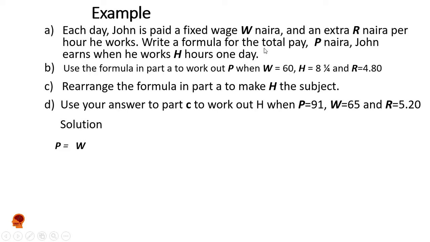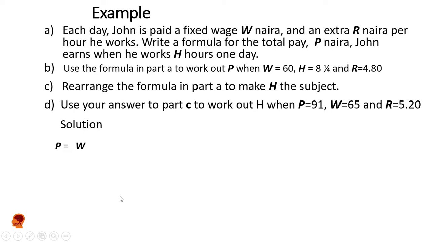Now do not forget that John works extra hours, which is represented by H, at a rate which is represented as R. Now please, anytime I write HR it means H multiplied by R, and then it gives you HR. Okay, take note.